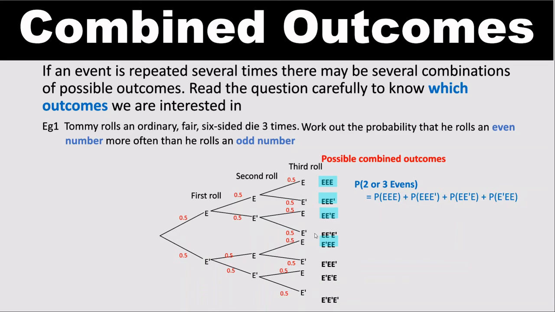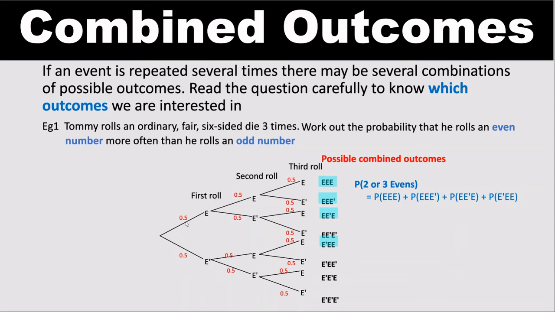And the way that I work out the probability of each combination of outcomes, I use the AND rule. The probability that I rolled an even on the first roll, and an even on the second roll, and an even on the third roll will be the product of multiplying 0.5 times 0.5 times 0.5.